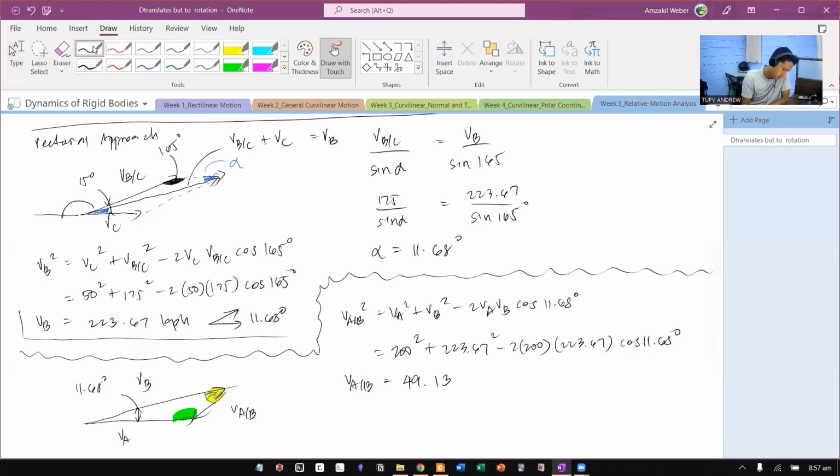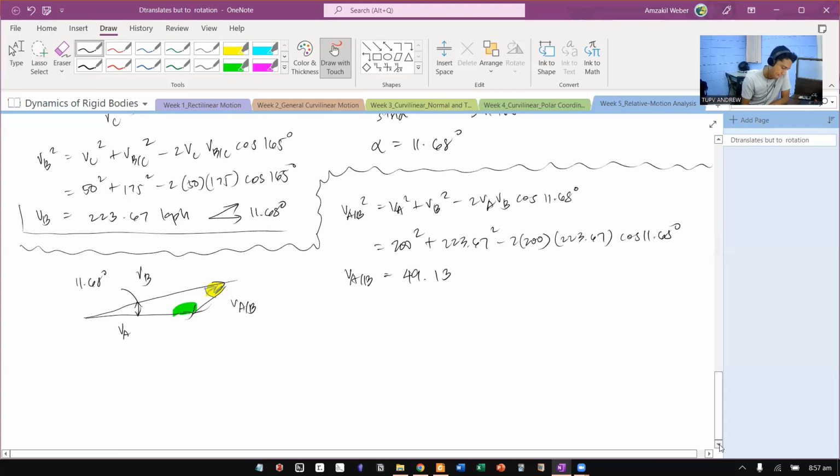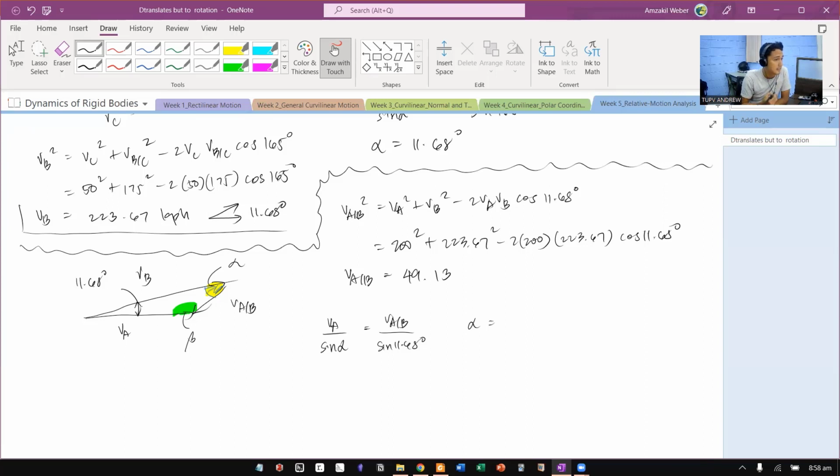Using yellow first in our sine law, let's call this alpha and let's call this beta. So VA over sine alpha, let's pair it with VA relative to B over sine 11.68 degrees. The result for alpha is expected, according to the figure, to be an acute angle.